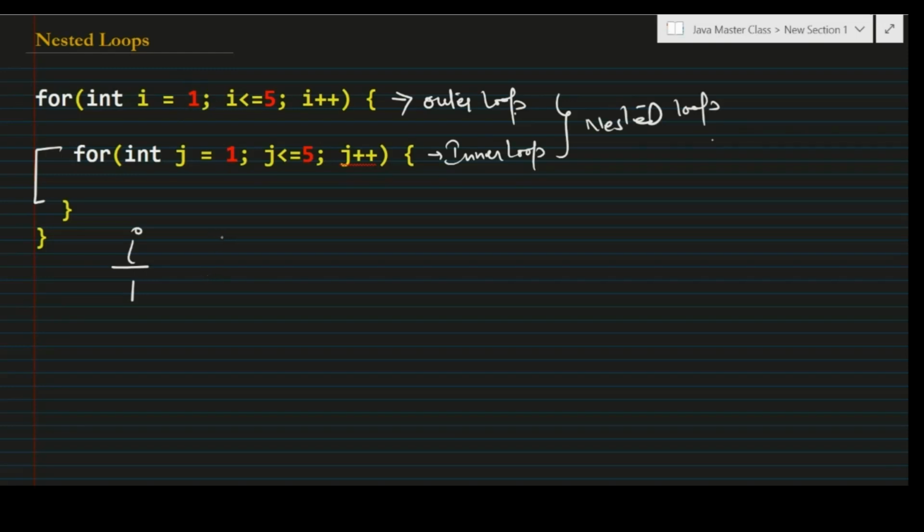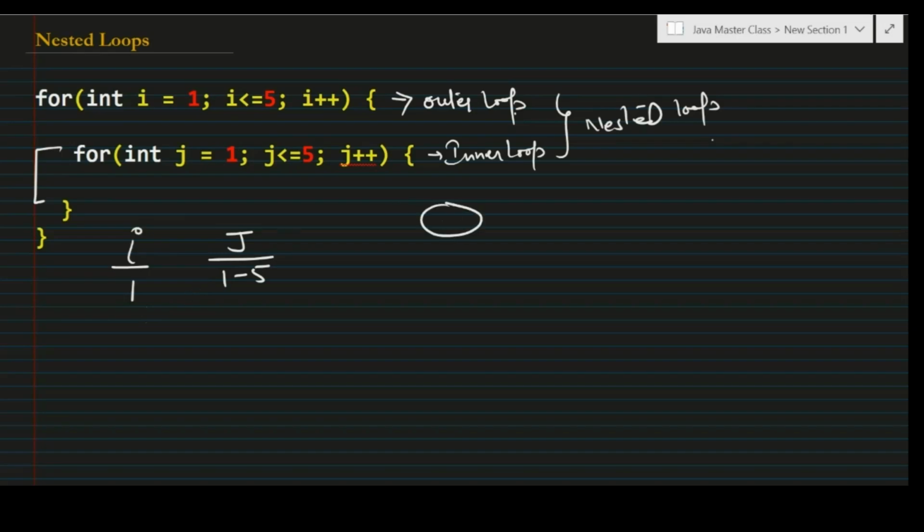What I mean is, if the value of i is 1, if the first iteration of the outer loop is getting executed, then the complete iteration cycle of the inner loop will be executed, which is the complete iteration starting from 1 going till 5.